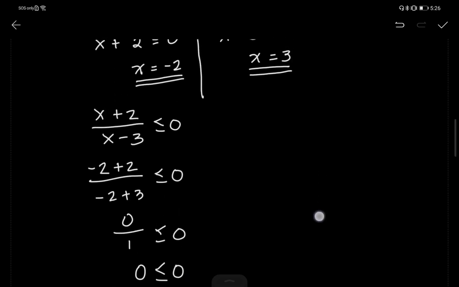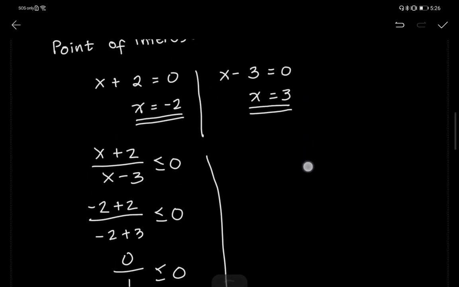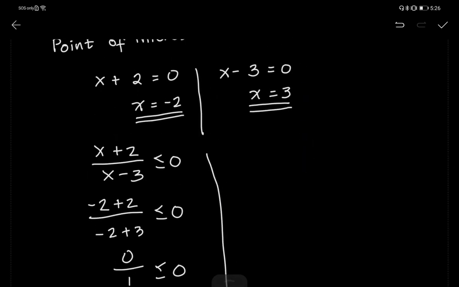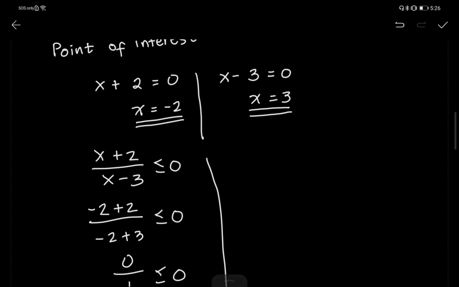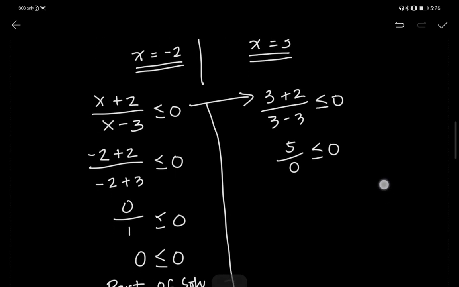Okay? So, in this case naman, after natin masubstitute yung negative 2, substitute naman natin ngayon yung ating positive 3 sa ating original given rational expression. So, 3 plus 2 all over 3 minus 3 is less than or equal to 0. So, as you observe guys, dito we have here 5 over 0.